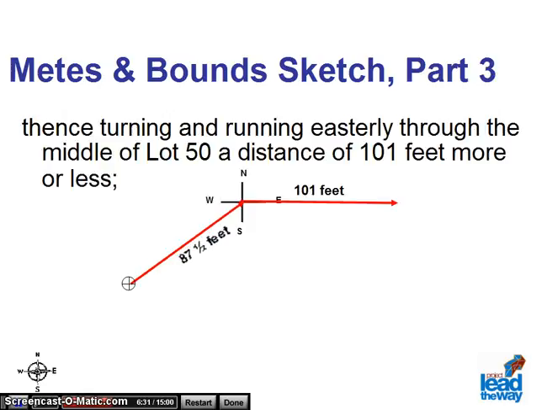The third part of the description. Thence, turning and running easterly through the middle of lot 50, a distance of 101 feet, more or less. Place the north, south, east, west lines on the end point of the first boundary line. Draw a line to represent the 101 feet boundary line in the easterly direction.